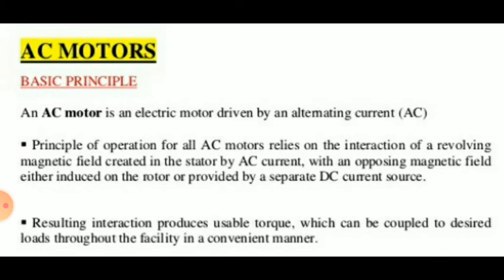So AC current is provided to the stator in case of AC motors, with an opposing magnetic field either induced on the rotor or provided by a separate DC current source. The resulting interaction produces usable torque which can be coupled to desired loads throughout the facility in a convenient manner.